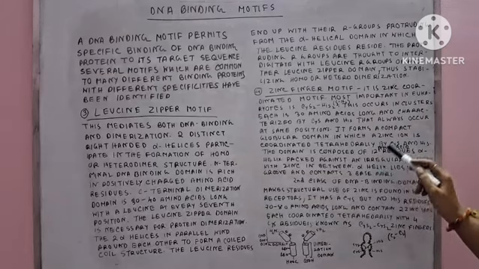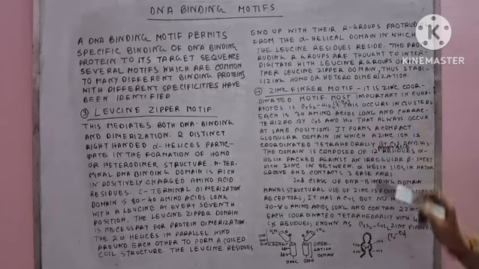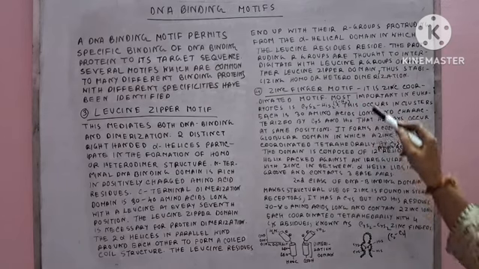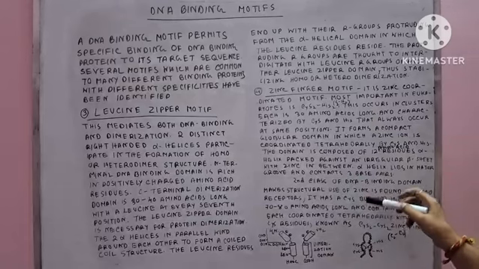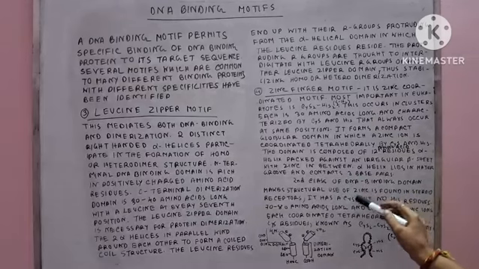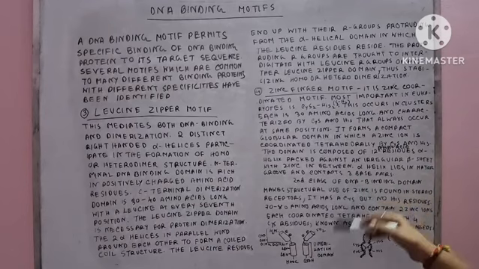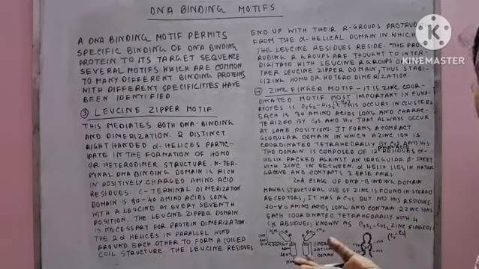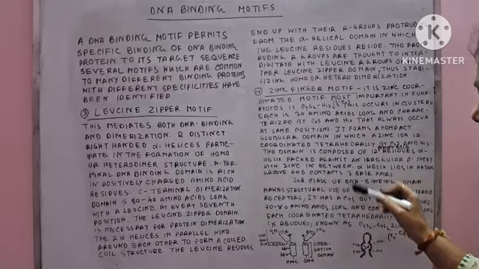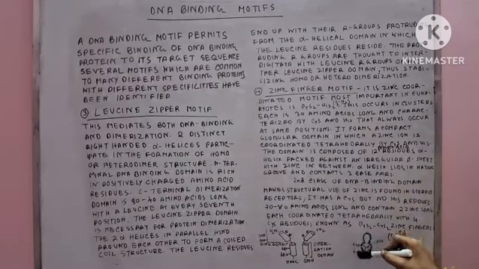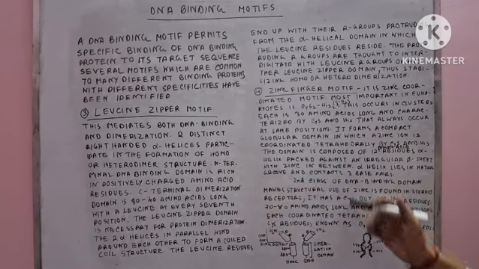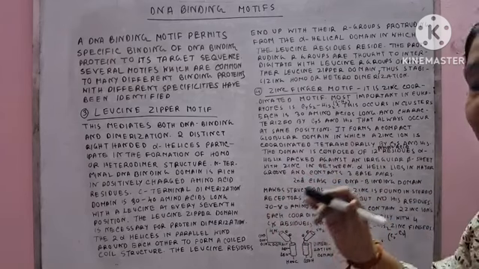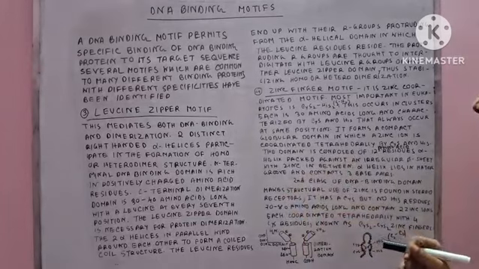What is the difference between C2H2 and C2C2? Here His is present, but in the other case His is absent and only Cys is present. In the first, the tetrahedral structure is formed by 2 His and 2 Cys, but in the second condition 4 Cys make the tetrahedral structure.